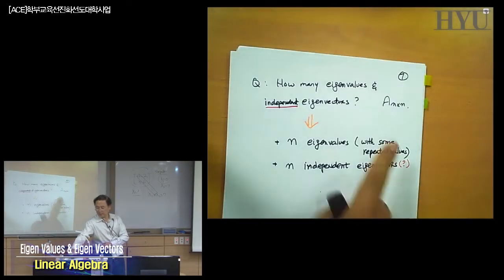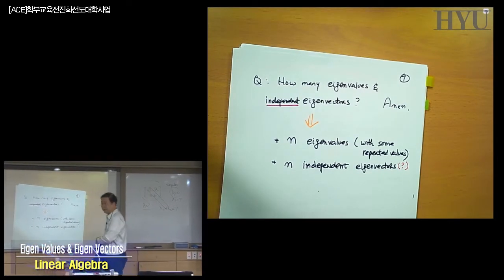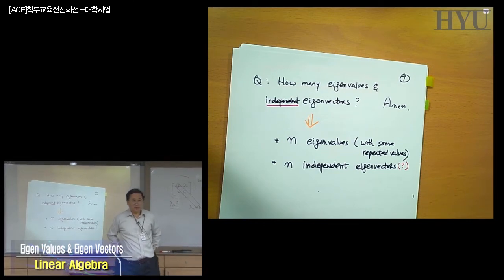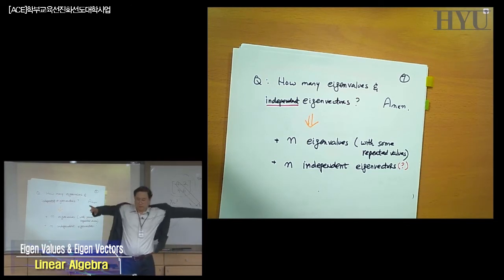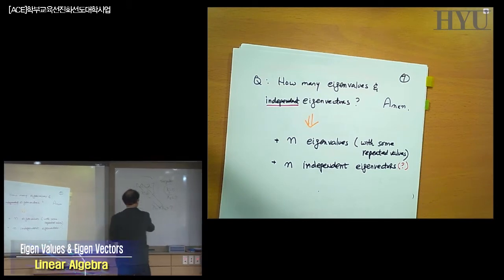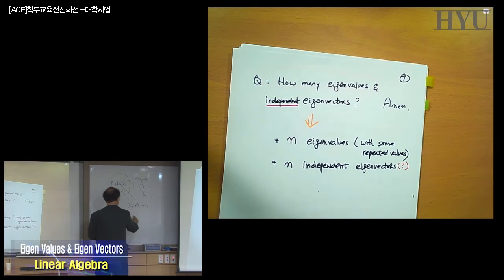So for an n by n matrix, how many eigenvalues? When you try to compute the determinant of A minus lambda I, right? This is an nth order equation, right?